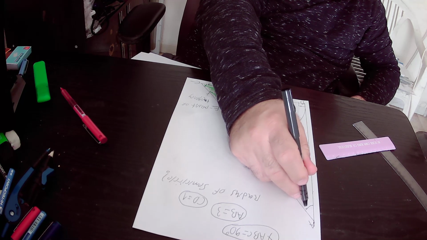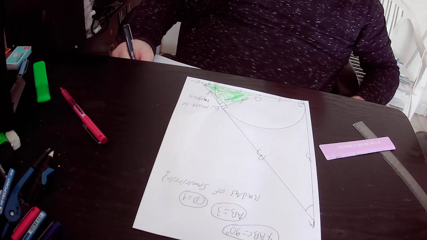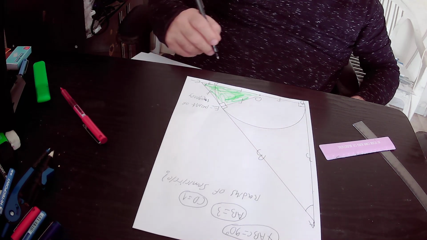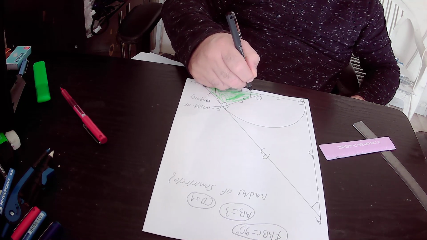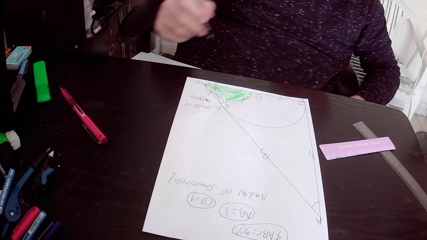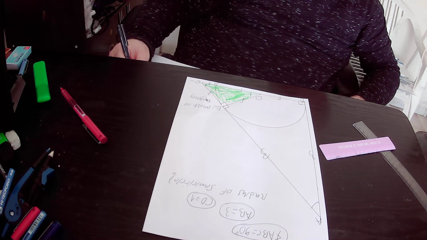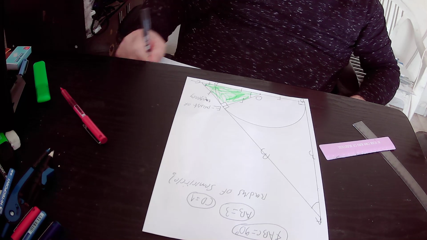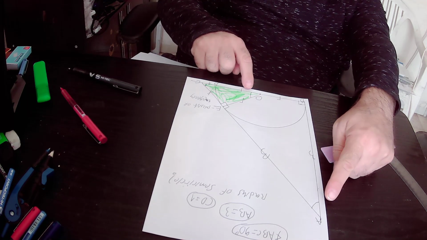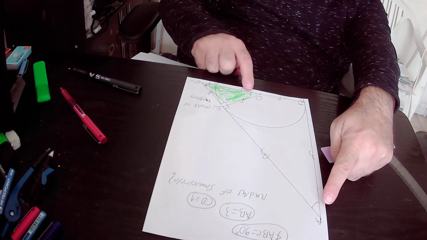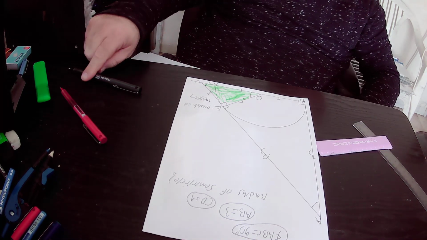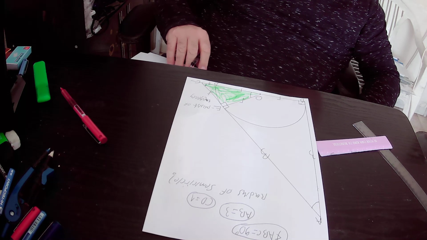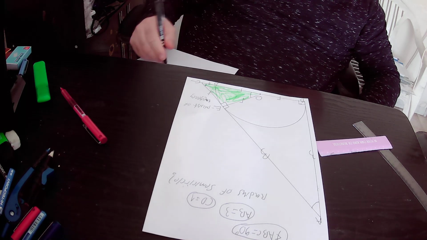Angle BAC of triangle ABC is equal to angle EOC of the great angle, and those two angles are equal to each other according to the third angle theorem.